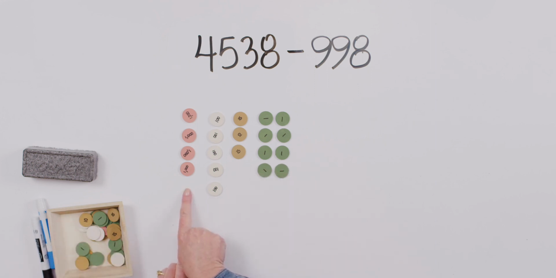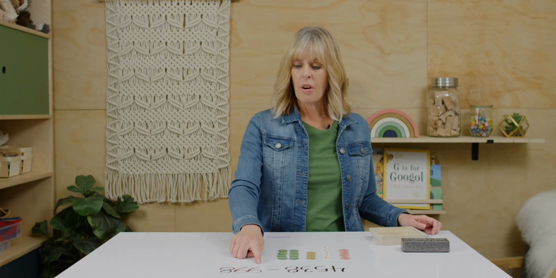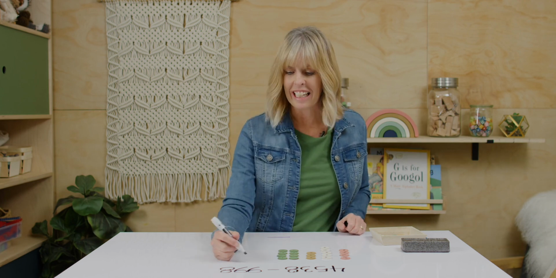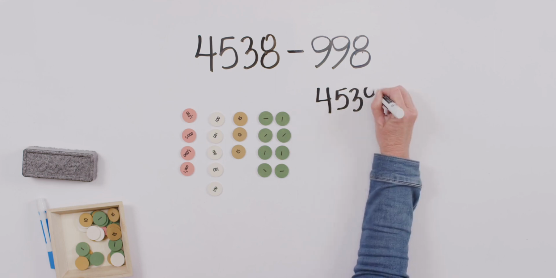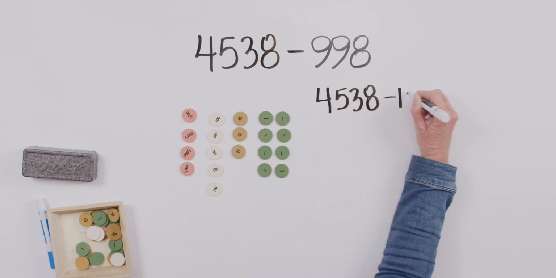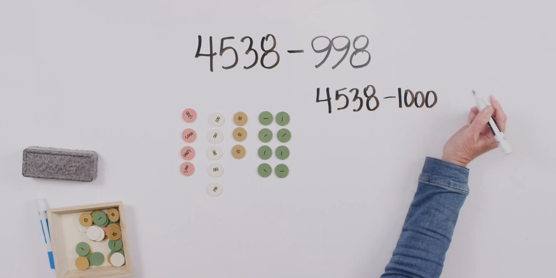Help me out. Do I have the right amount? 4,538. Great. So I'm subtracting 998. What might 998 be close to? 1,000, exactly. So what I can do is I can take my 4,538 and subtract 1,000.